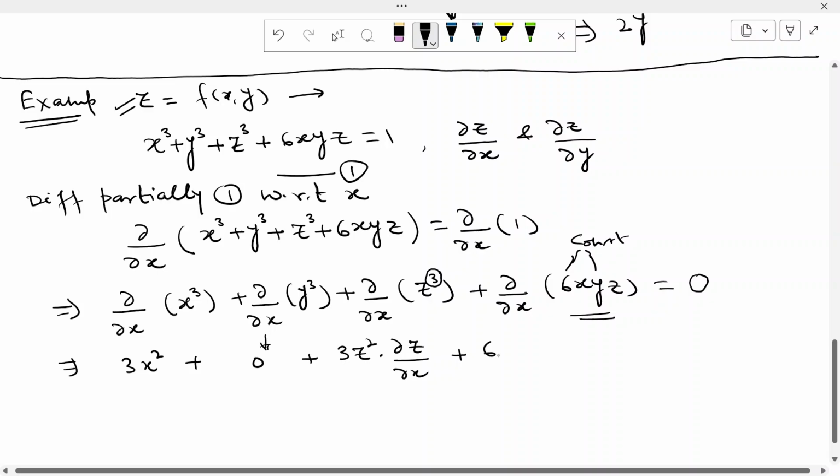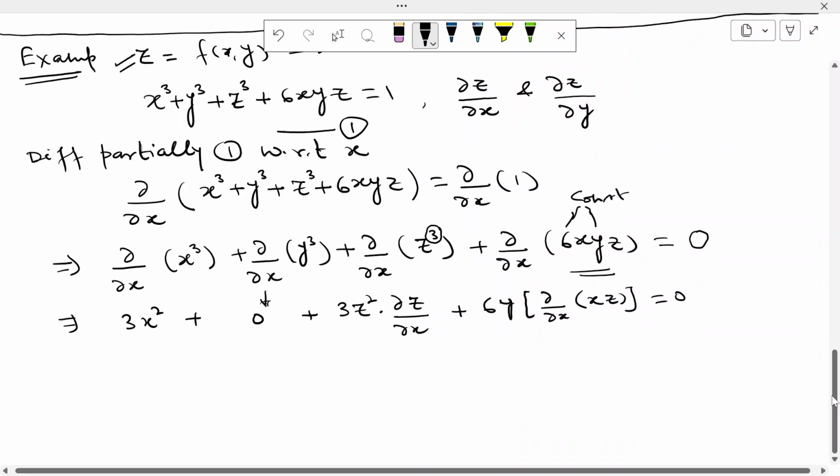So we consider this 6y, or we can take it out because it is constant. And now we perform this differentiation, del over del x of xz, and on the right hand side we have this 0.